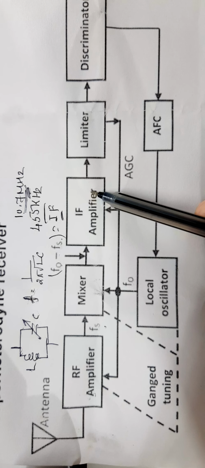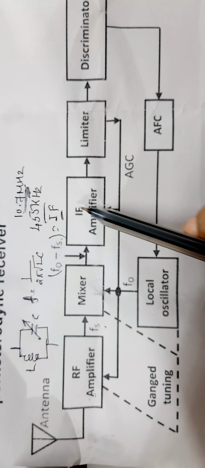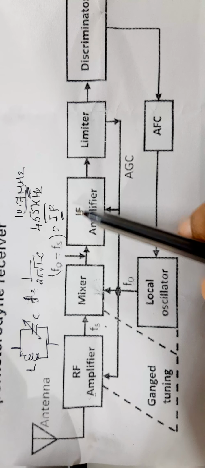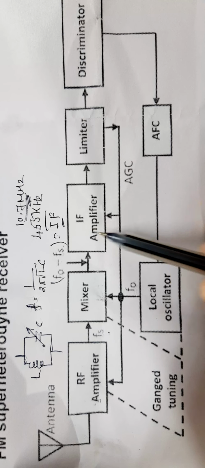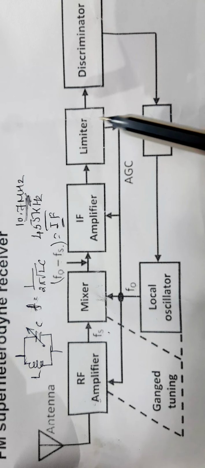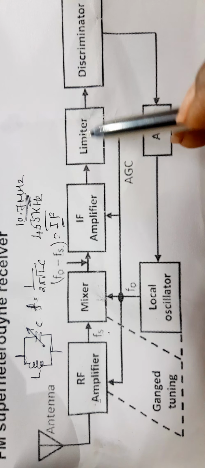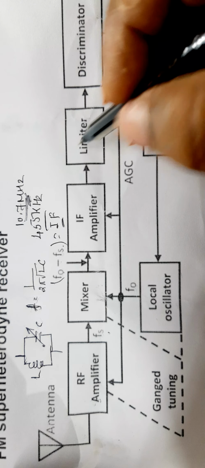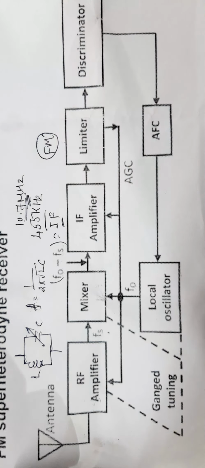Since this amplifier circuit amplifies the intermediate frequency signal, it is called simply the intermediate frequency amplifier. Now, the output of the intermediate frequency amplifier is fed to the limiter. It is an electronic circuit, the limiter, which limits the amplitude of the frequency modulated signal.